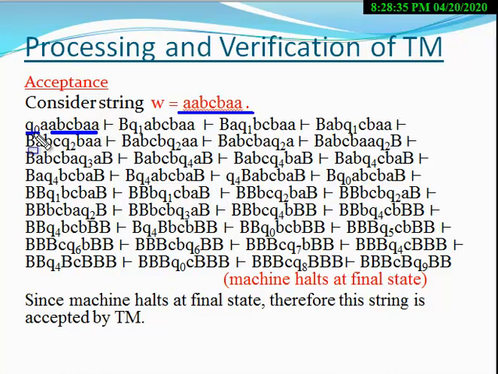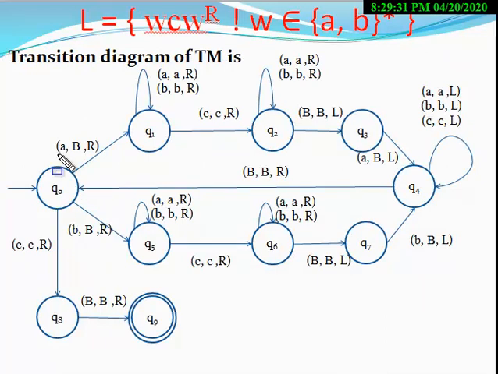At state Q0, when symbol small a appears, the machine goes to state Q1, small a is replaced by capital B, and the head moves in the right direction.